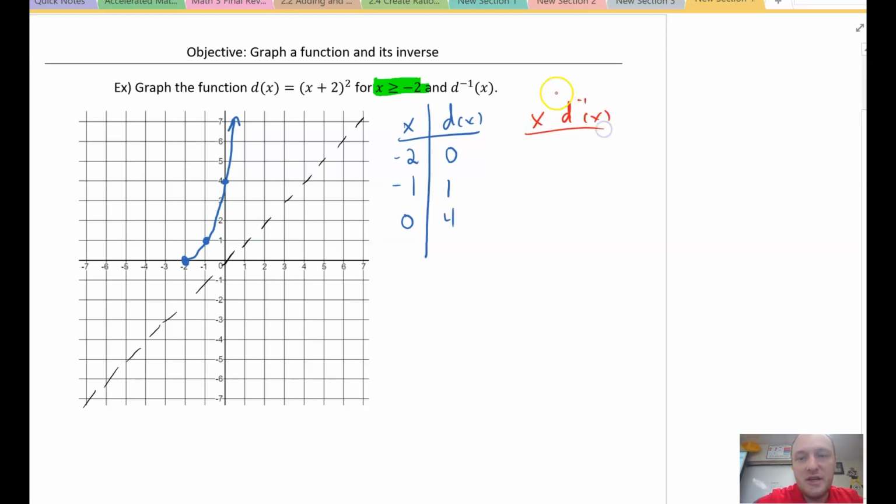Okay, and then here is x, d inverse of x, and we switch these: 0, -2; 1, -1; 4, 0. So when I plot these, 0, -2, 1, -1, and 4, 0.